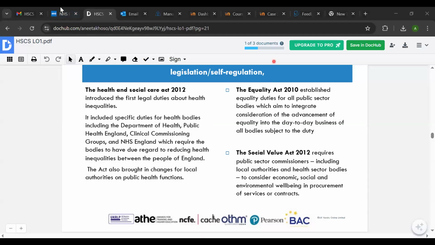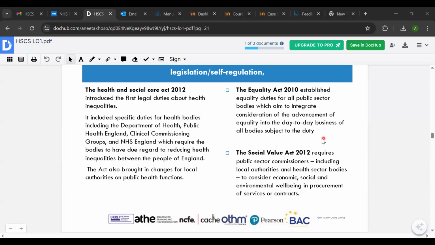And then the second one is the Equality Act 2010. It has a duty for all public sector bodies, and it aims to integrate consideration of the advancement of equality into the day-to-day business of all bodies subject to the duty.